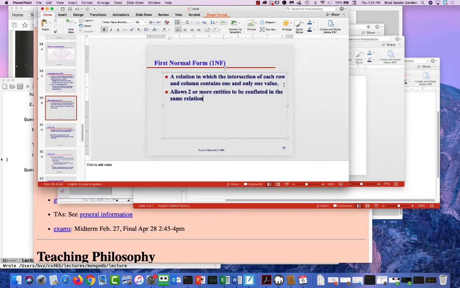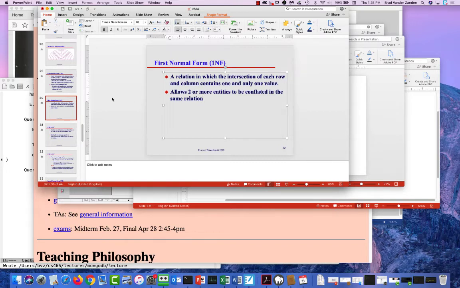Conflated means to be juxtaposed or combined together, if you haven't seen the definition for conflated. That's not good. We want each entity in its own relation.